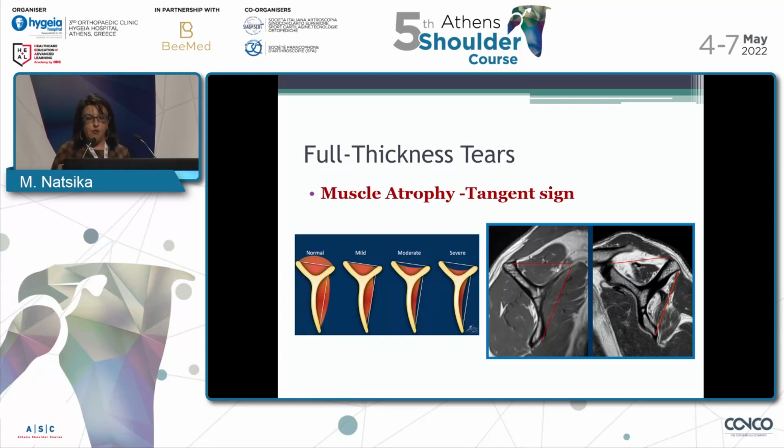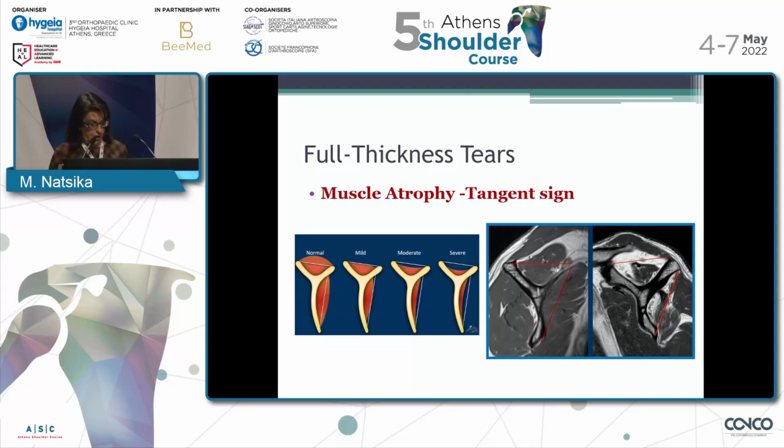Also, another, more quantitative measurement is the Tangent sign, and we put a line between the spine. We unite the spine with the coracoid process, and also the tip of the coracoid process with the lower tip of the spine, and we see what percentage of the volume of the muscle is above this line.